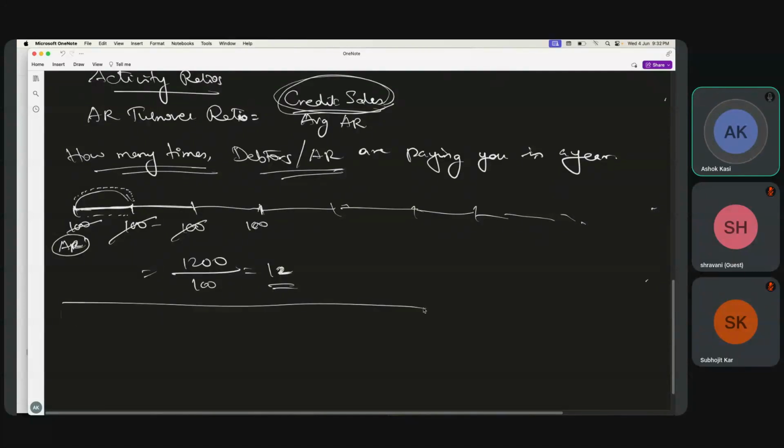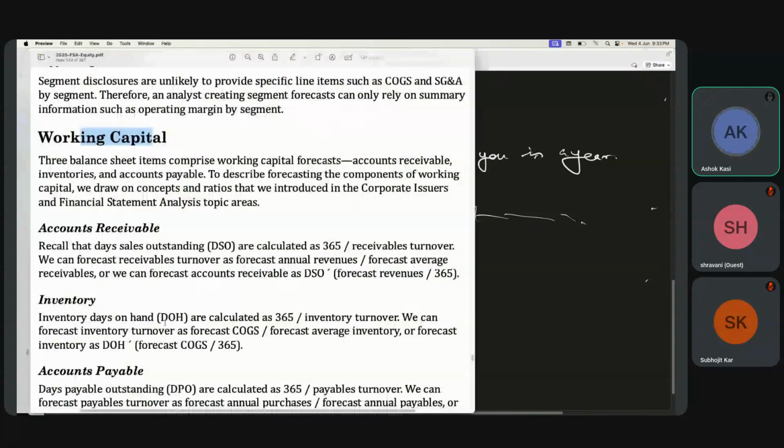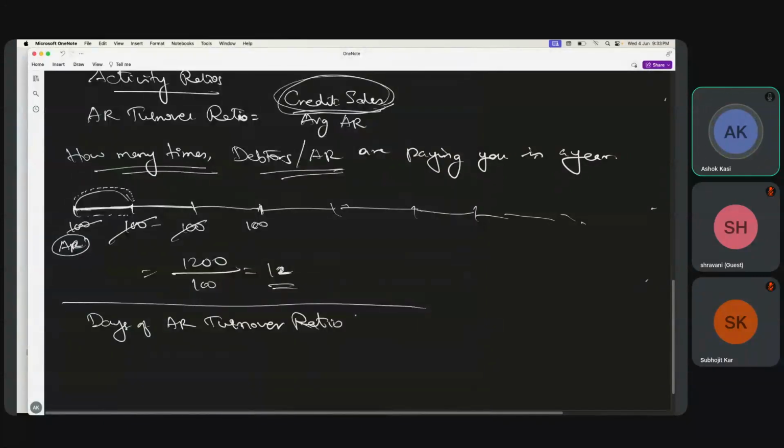Now you want to know, okay, 12 times they are paying, but after every how many days? How often? Now there is another ratio called days of account receivable, or days of account receivable turnover ratio, or days sales outstanding.